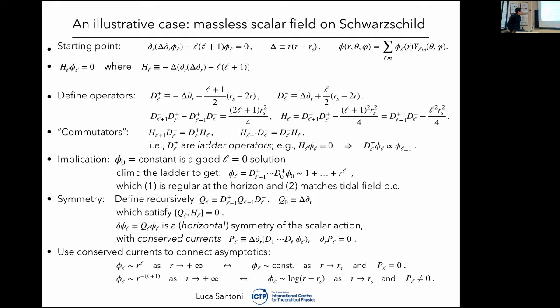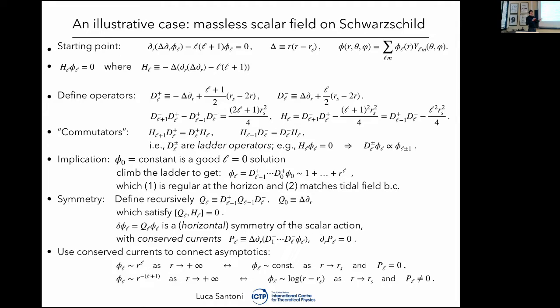Okay, so this slide is pretty dense, but let me guide you through it. Let's consider again the case of a scalar field. But as I said, and I will mention this later, this can be generalized to higher spins, in particular spin 1 and spin 2. So let me start with the Klein-Gordon action, in which I take a decomposition in spherical harmonics and zero frequency.